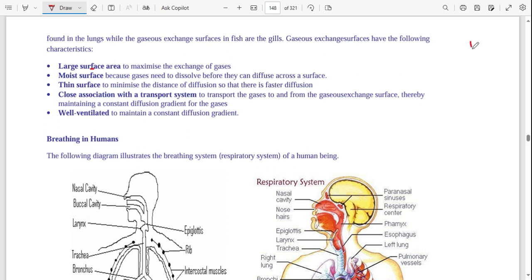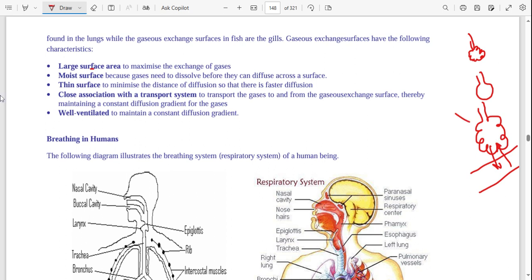So if you see, you are going to have a lot of alveolar and they look like this. They are not like this. They look like this. So all these things that they are forming is just to increase surface area so that a lot of oxygen can be taken into the blood and a lot of carbon dioxide can be removed.